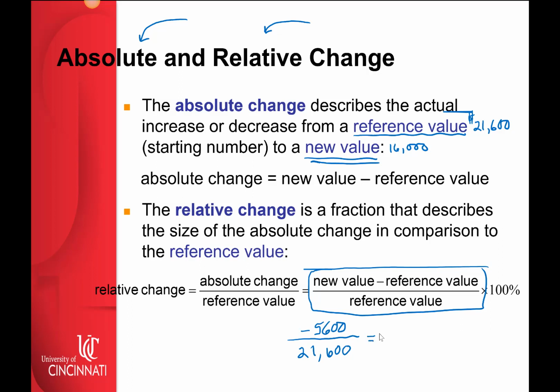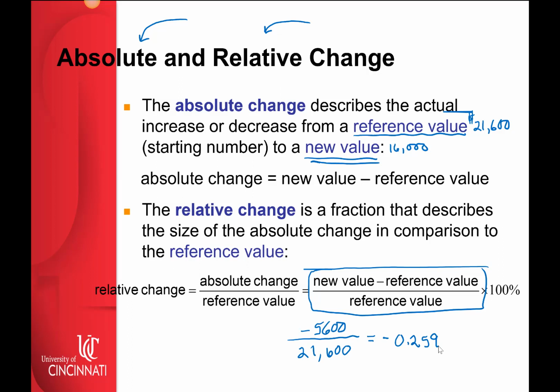When you plug this into your calculator, divided by the 21,600, this is right about what it's going to be, a negative 0.259. Just run with 3 decimals, unless we're talking dollars. And if you're talking dollars, you should use how many decimals? 2.